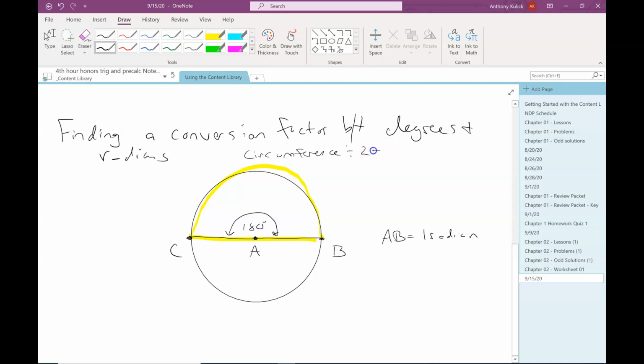And the circumference of a circle, does anybody remember that formula? It's 2 pi r, and since we only have half of the circumference, we'll divide that by 2. So that's pi r, right? And what is the radius?